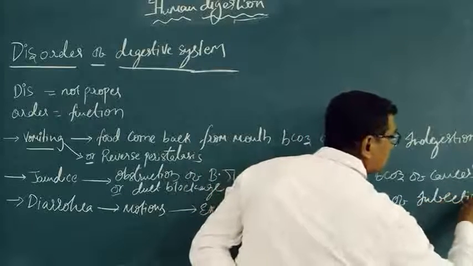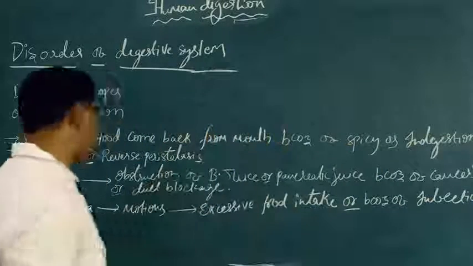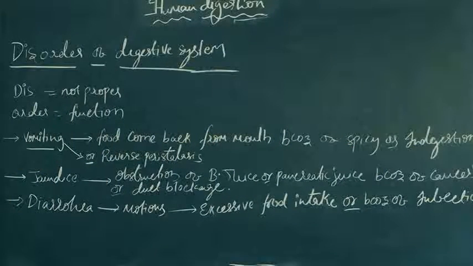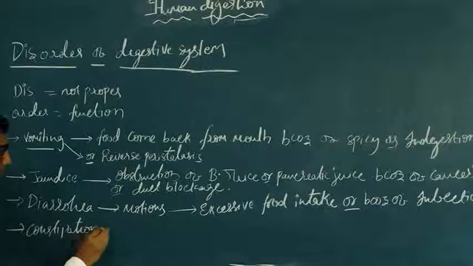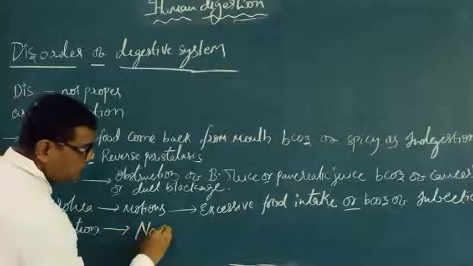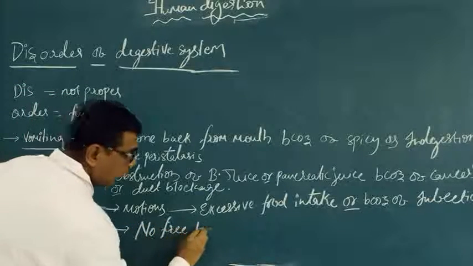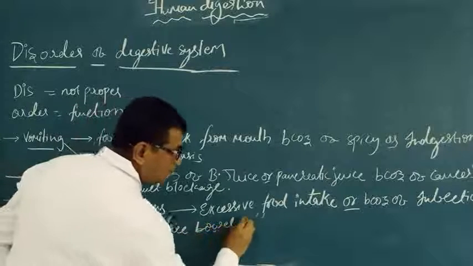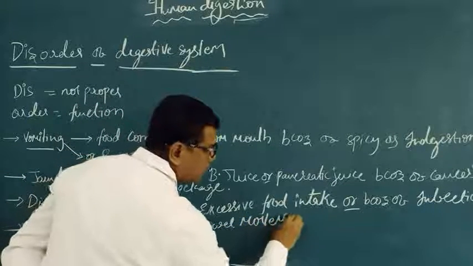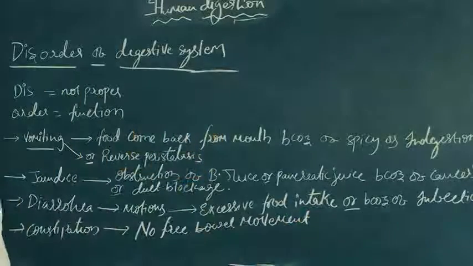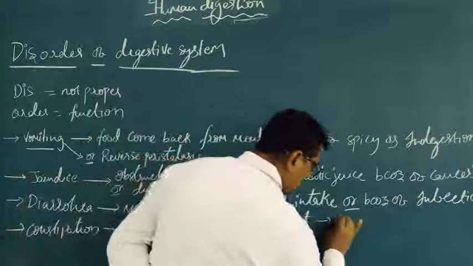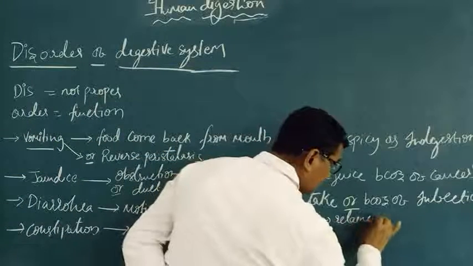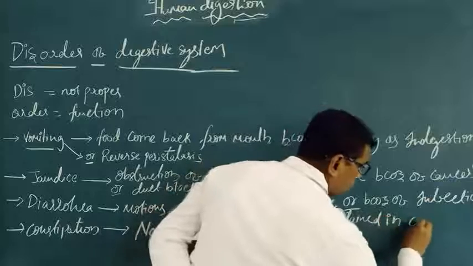So excessive motions is called diarrhea, and constipation, no free bowel movement, no motion is called constipation, and it is generally retained in the colon.